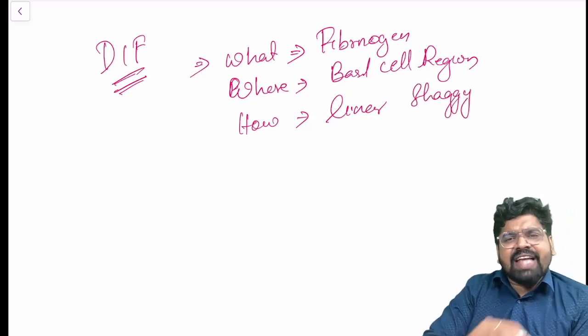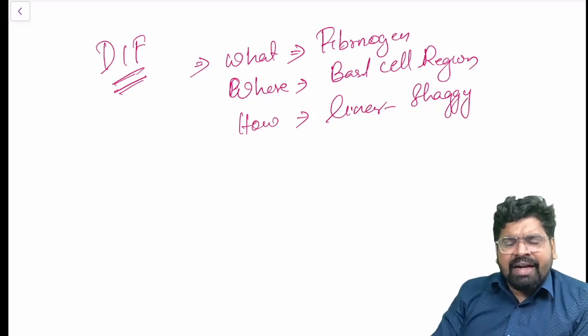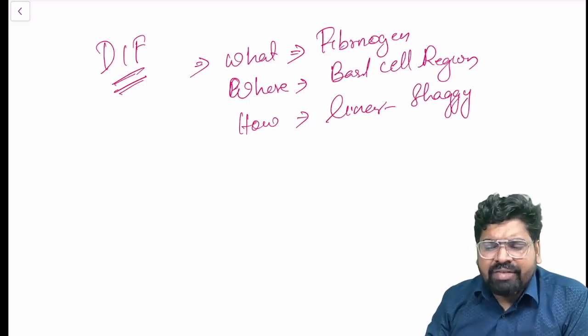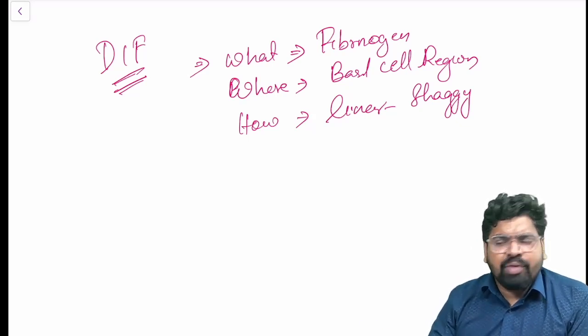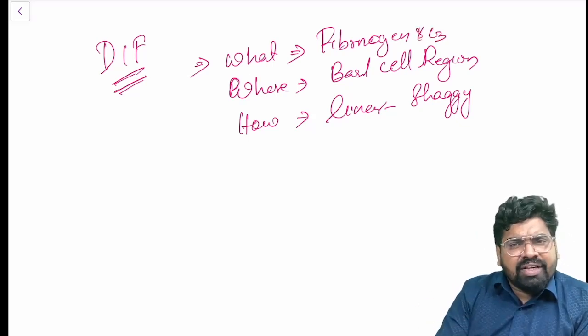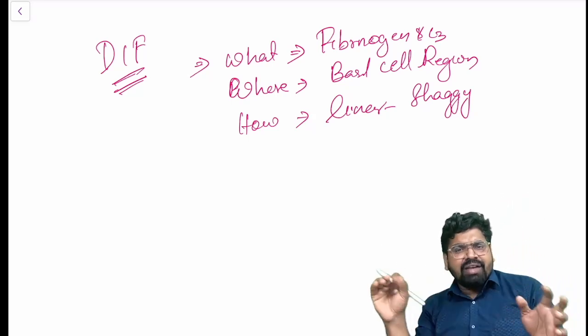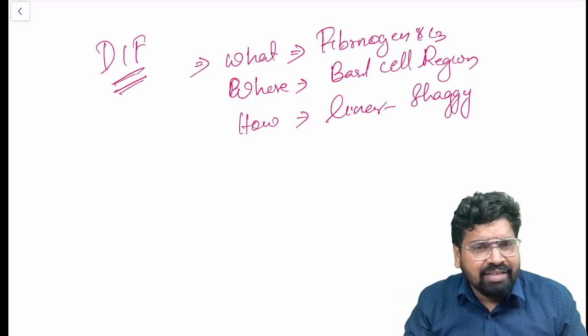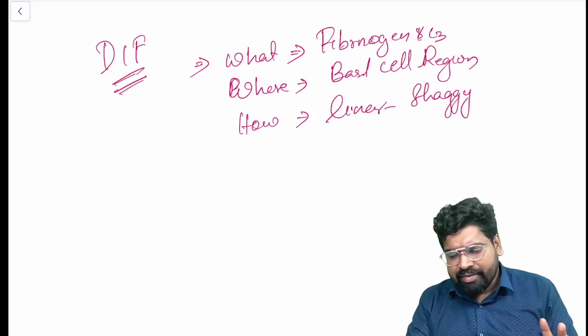That place is shaggy because of the dying keratinocytes. So in direct immunofluorescence, fibrinogen and C3 are mainly deposited in the basement membrane zone in a linear shaggy pattern. Just remember that this is the DIF of lichen planus.